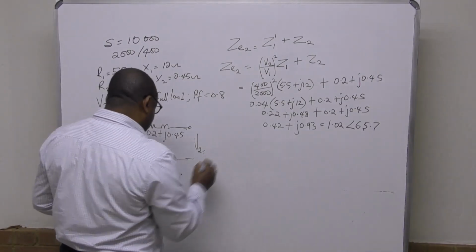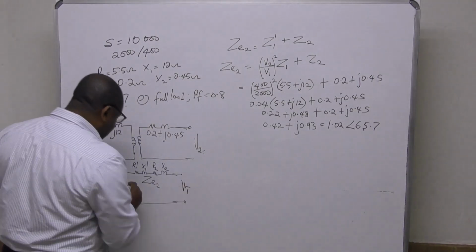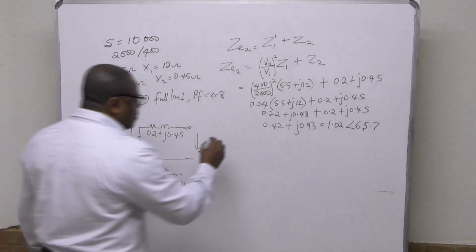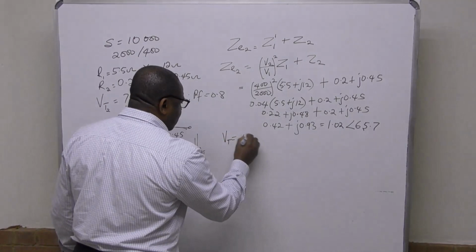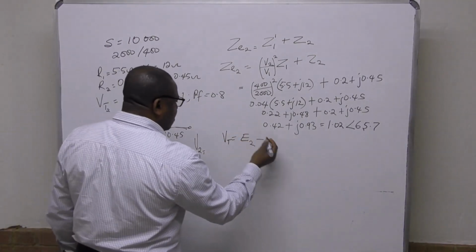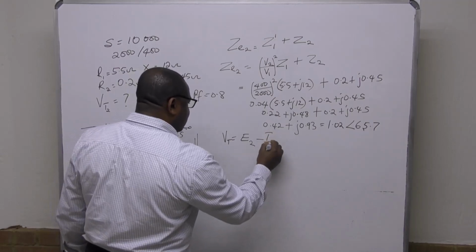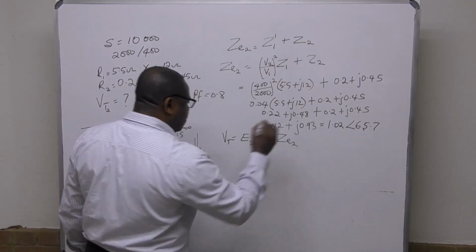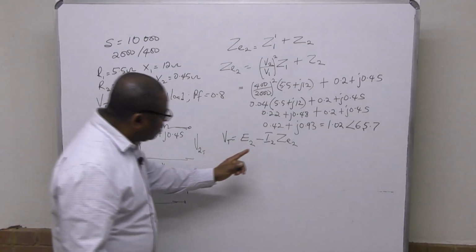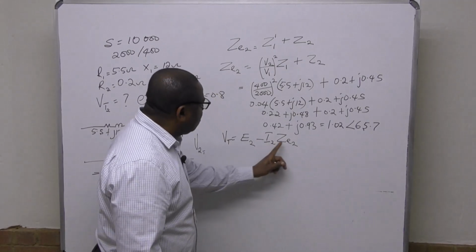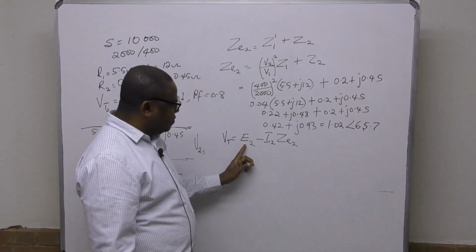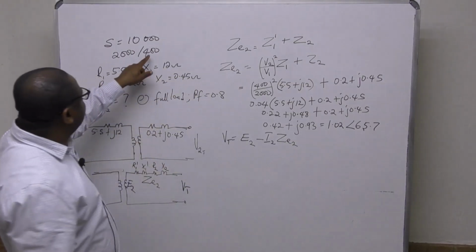And then I want to calculate V terminal if I know E2, right? V terminal will be E2 minus the voltage drop here, minus I2 Z equivalent 2, right? So the only thing we don't know is I2. We know this, which is given to us as 400.